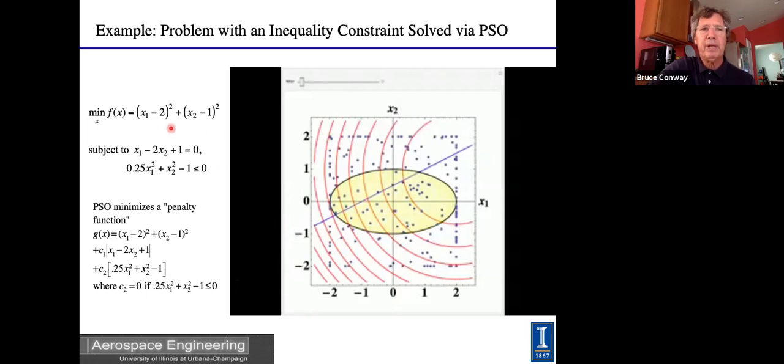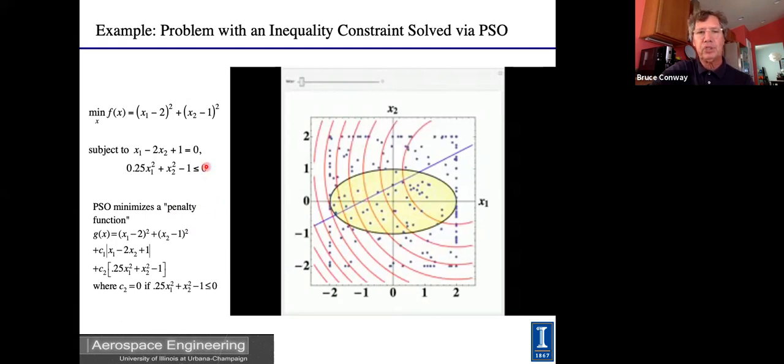The object here is to minimize a simple function of 2 parameters subject to constraints. Now, I didn't really say much about constraints. There's no native way to handle constraints in these heuristic and evolutionary methods, except to add them as penalty parameters.